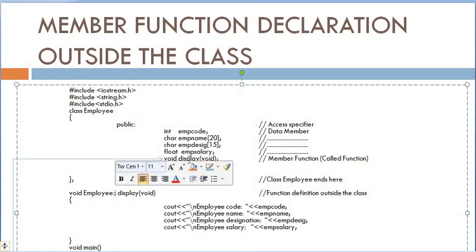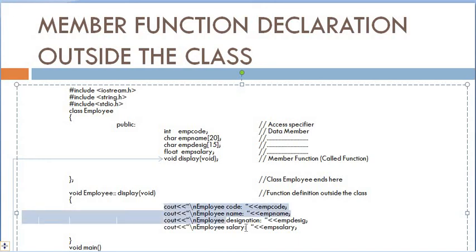So this member function display, just after the scope resolution operator, I have declared over here, and then I have started highlighting the implementation details of this member function called display. And if you see here clearly, these implementation details are being highlighted outside of this class called employee, because the class body ends here with a semicolon.